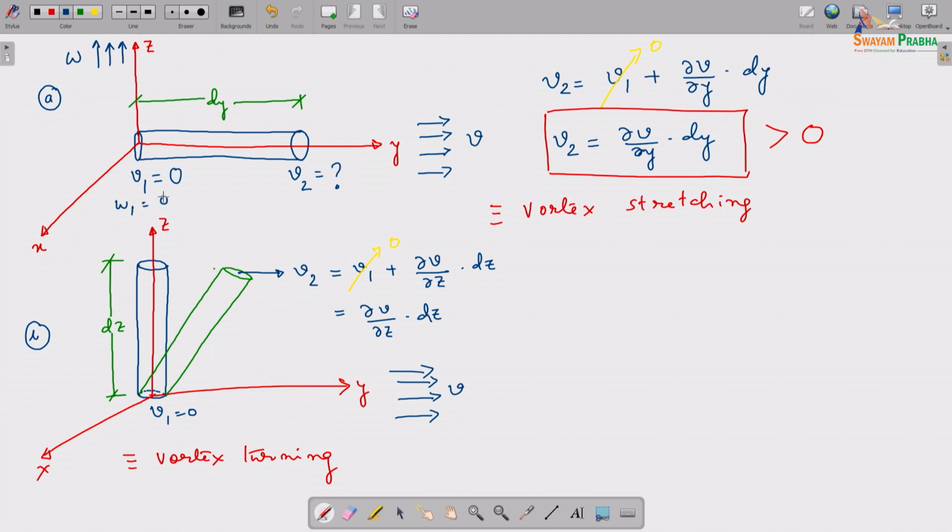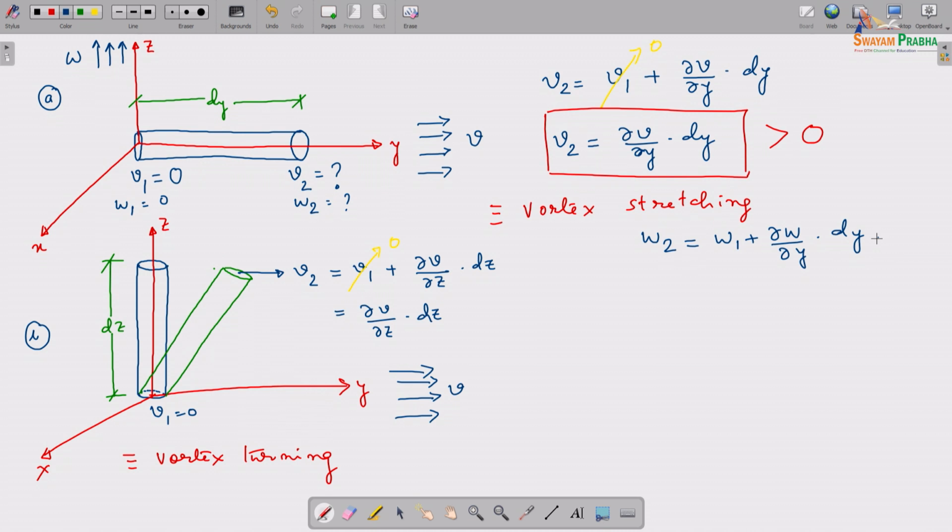What could be the value of w2? In this case I would think that w2 is equal to w1 plus del w del y into dy.